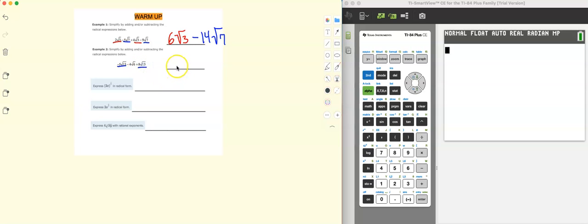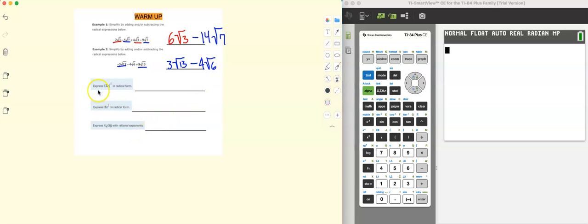When I combine them together, I should get +3 times the square root of 13. Then this -4 times the square root of 6 doesn't combine with anything, so I'm just going to tag it along at the end right here.